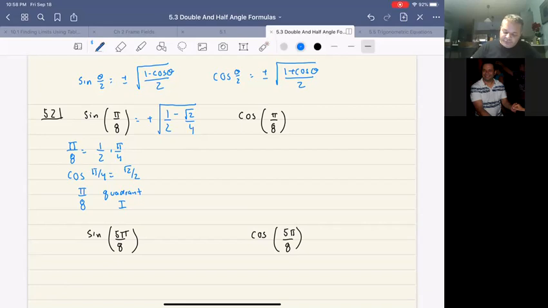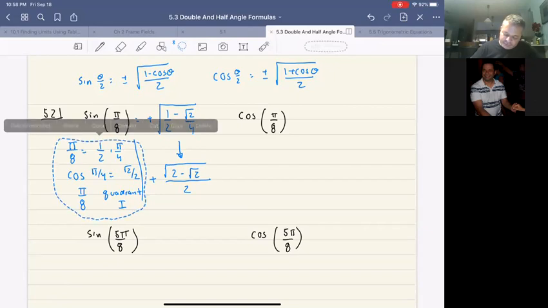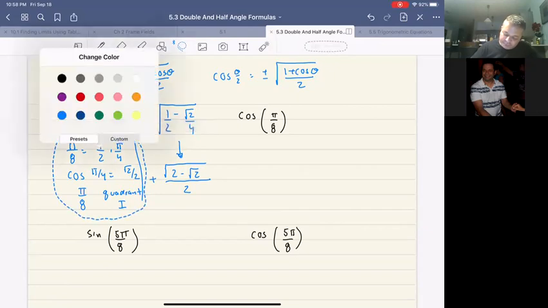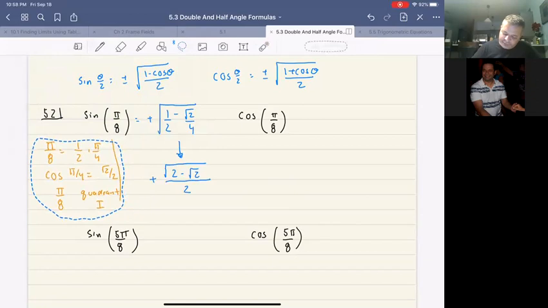Playing around with this a little bit, just a little bit of algebra, we're going to get the square root of 2 minus root 2 over the square root of 4, which is just 2. And this has a big plus in front.